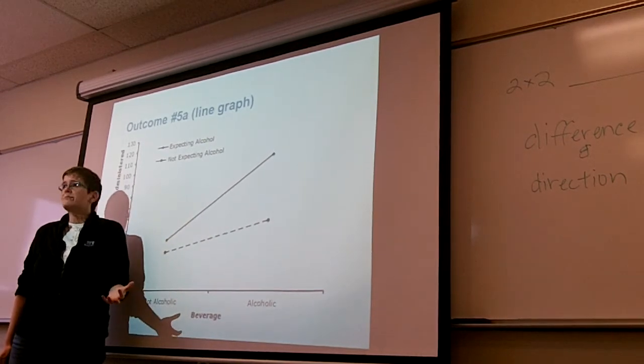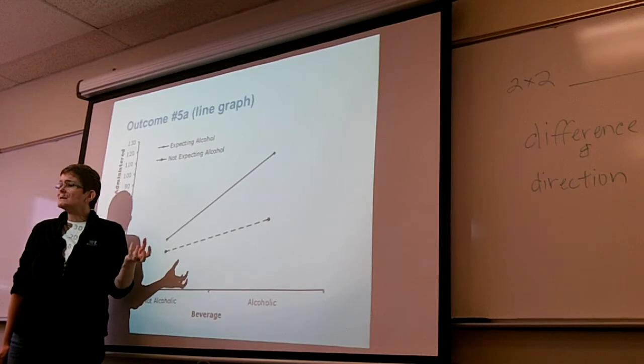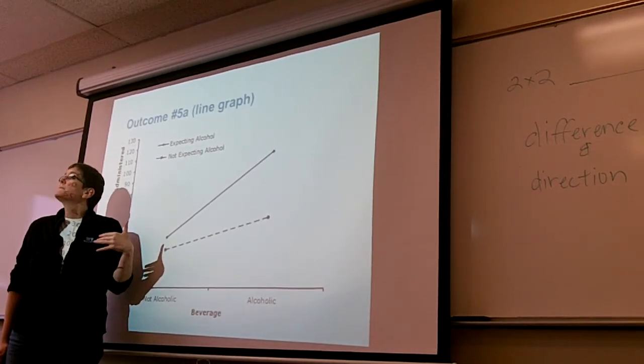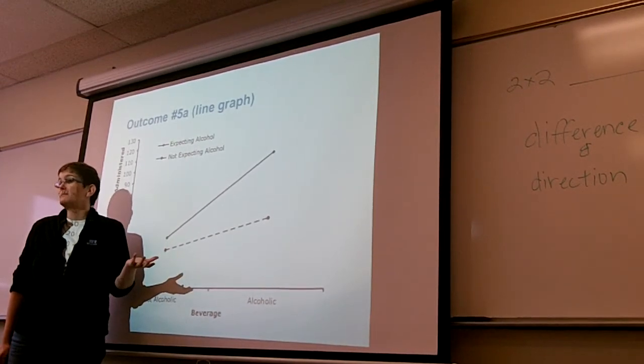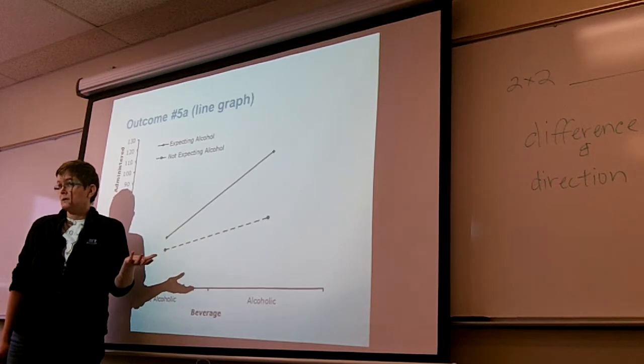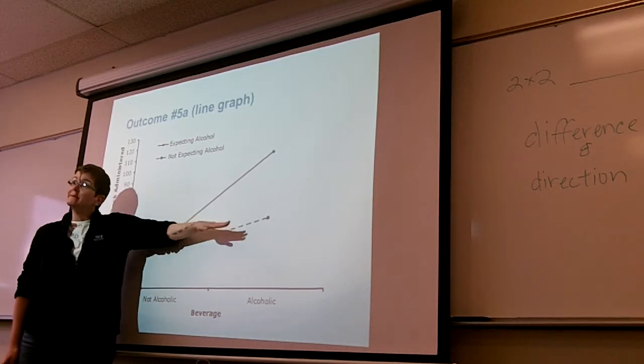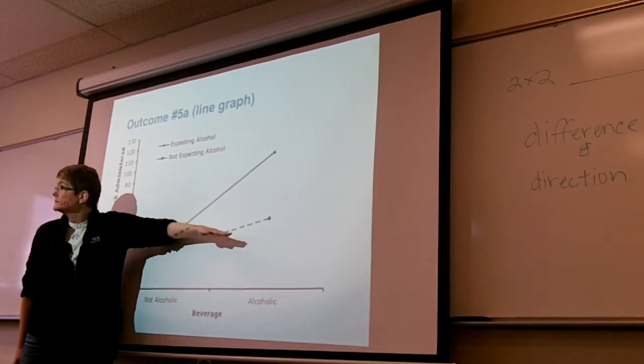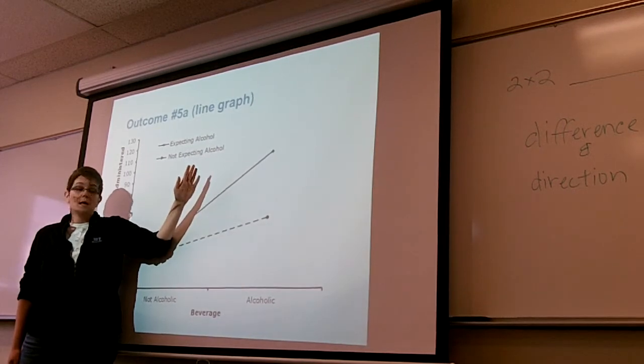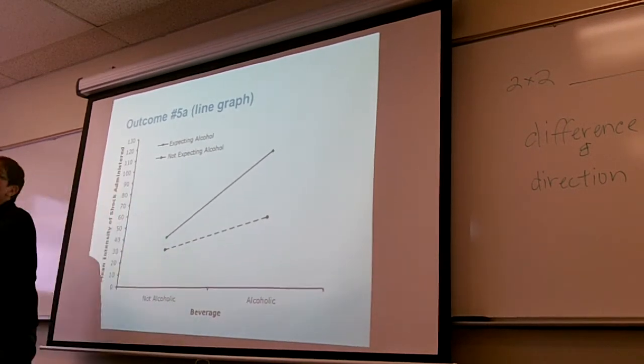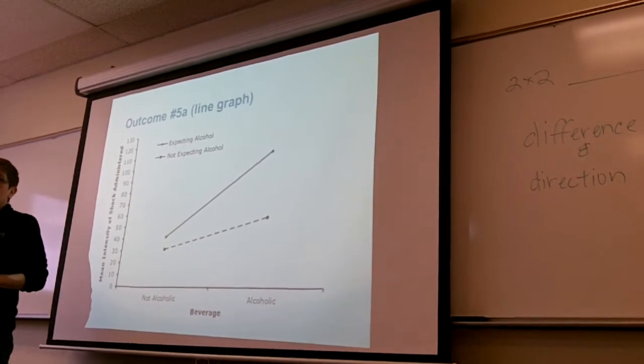It's possible we have a main effect. But again, the cue is kind of slanted. It could be artificially enhanced by the presence of the interaction. So yes, it looks like there could be a main effect. These lines are not flat. There could be a main effect of beverage, but we have to take it with a grain of salt.